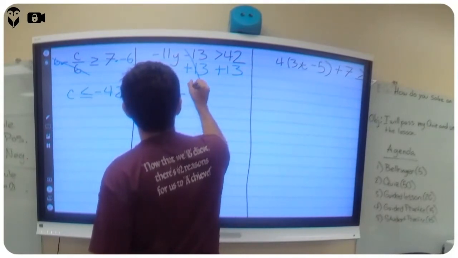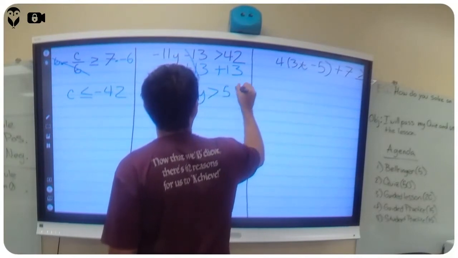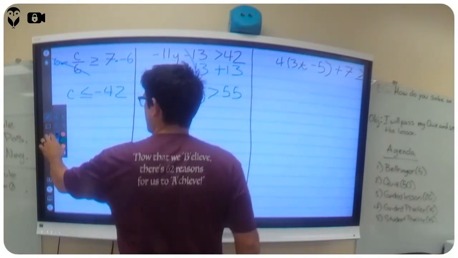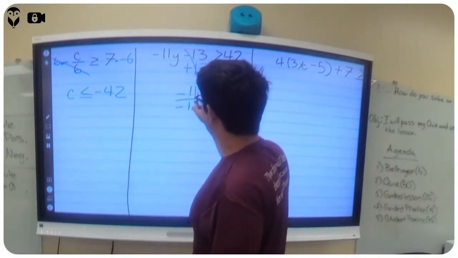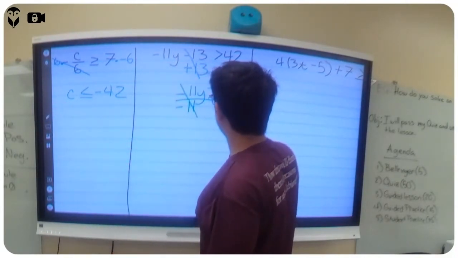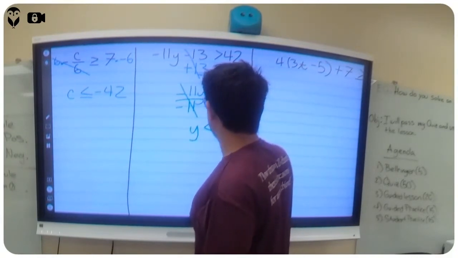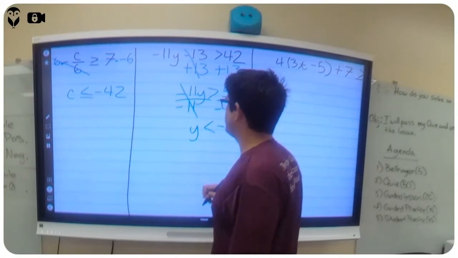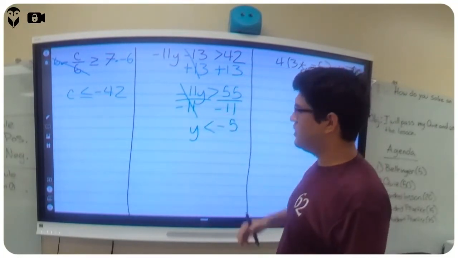Now we have negative 11y is greater than 55. Then we are going to divide by negative 11. Y is now less than negative 5. Why did I change the sign? Because I divided by negative 11 on both sides.